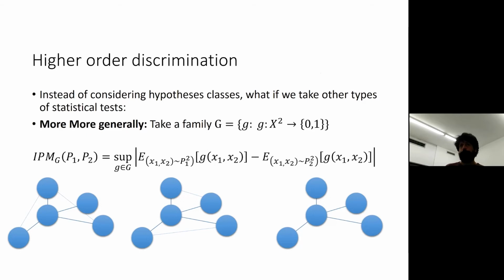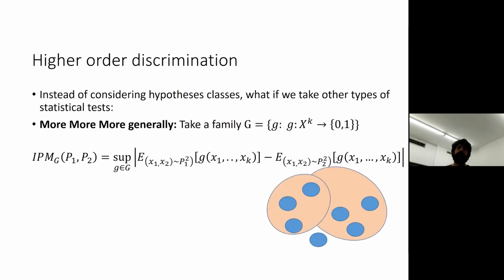Okay? And now you can obviously think of an even more abstract version. So you can think of hypergraphs, right? You have a family of hypergraphs with a k, where each hyperedge is a subset of size k.